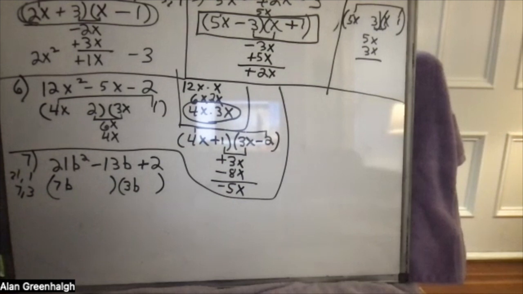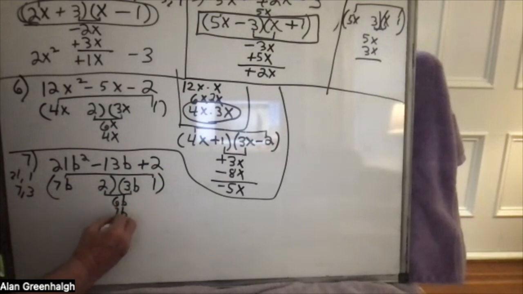So, if we put a 2 here and a 1 there, this will give us 6b. This will give us 1b. Excuse me, 7b.